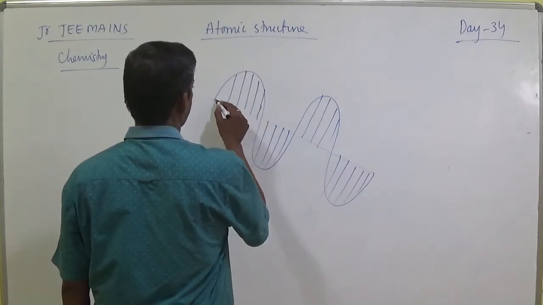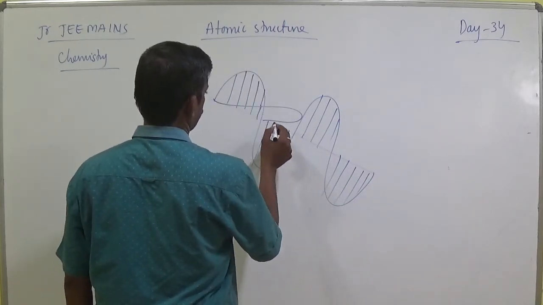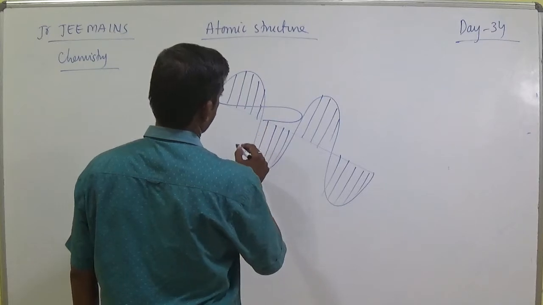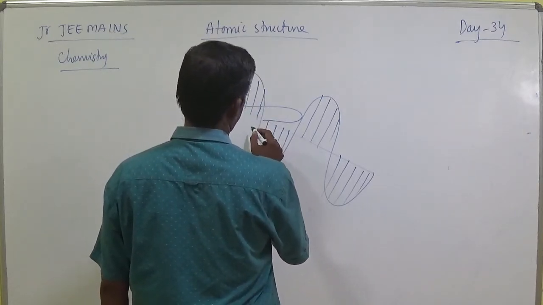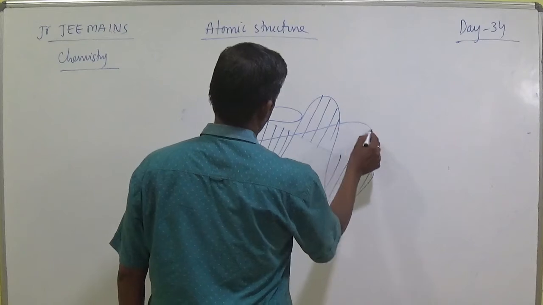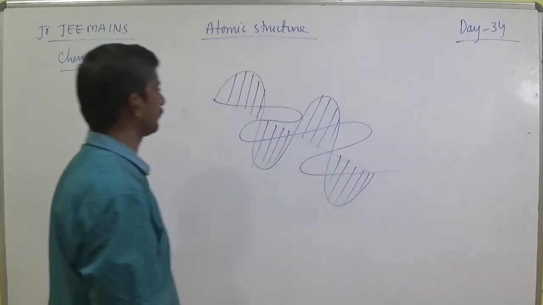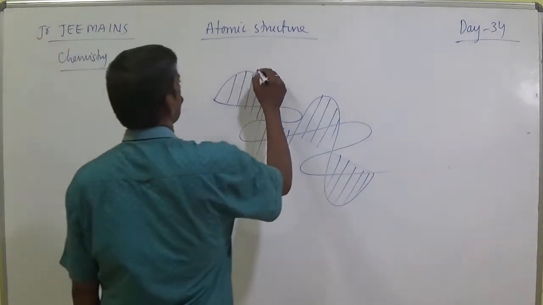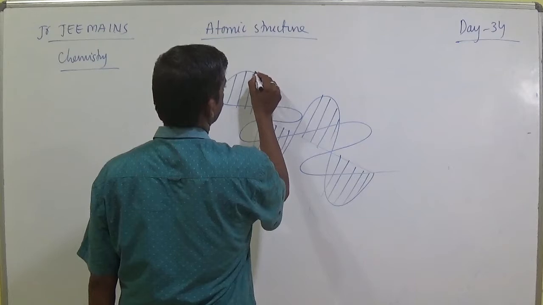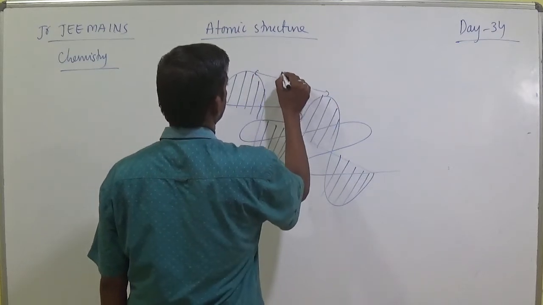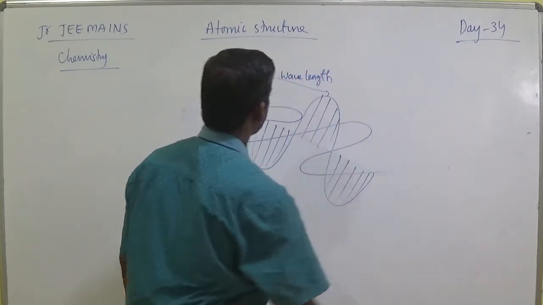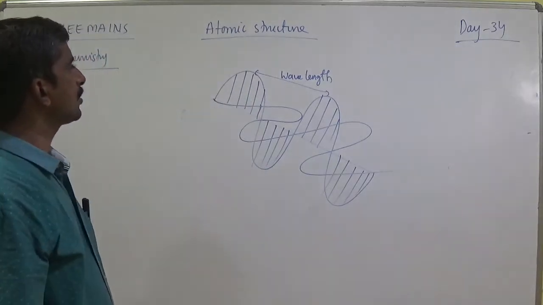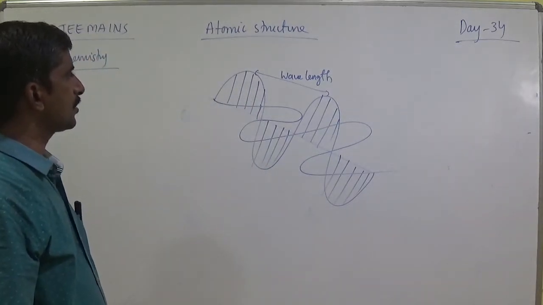So these are waves. The distance between these is the wavelength.